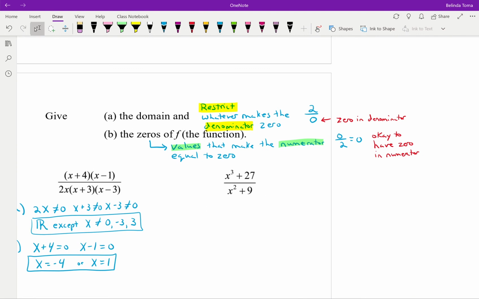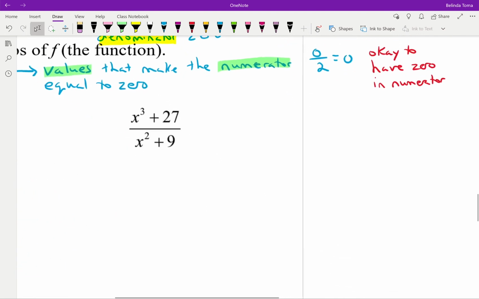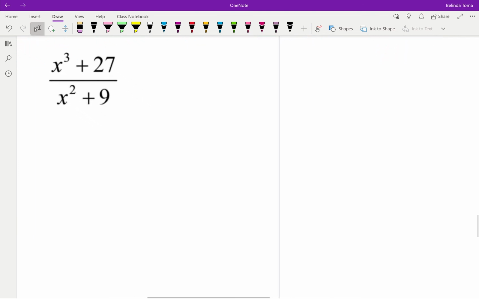Okay, so let's go ahead and look at our next example. And here we see that we have the sum of cubes and the sum of perfect squares. We can factor the numerator, but we can't factor the denominator.